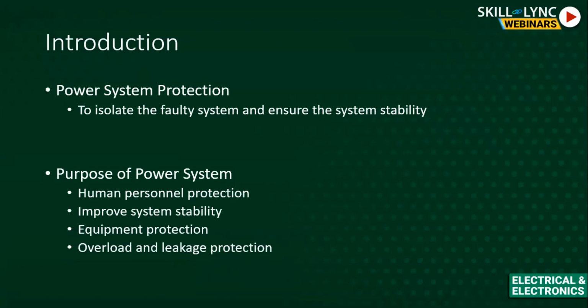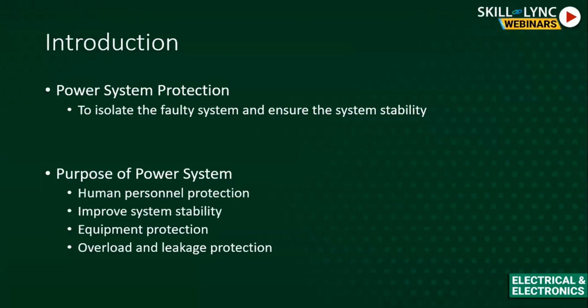What are the main purposes of power system protection? The main important thing is human personnel protection. Whoever is operating or doing the maintenance for such a system, first comes their protection. The second is to improve the overall system stability. The third is equipment protection, and the last one is overload and leakage protection.